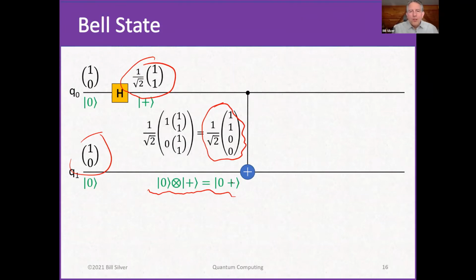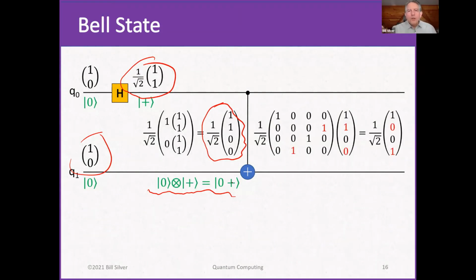What does controlled NOT do with it? Well, controlled NOT takes that vector and multiplies it by the controlled NOT matrix to yield this. And that is the Bell state. That is an entangled state. It cannot be represented as 2 independent qubits. And so the controlled NOT is often called an entangling gate.